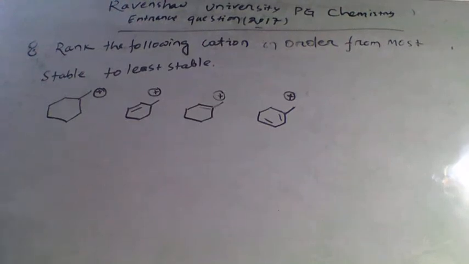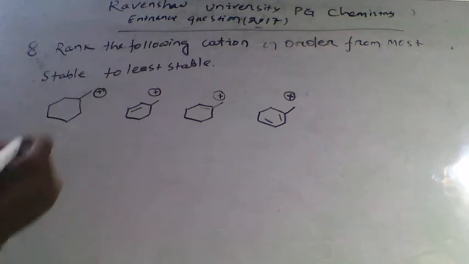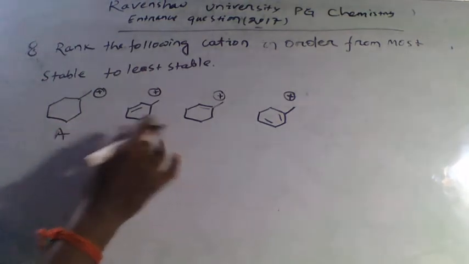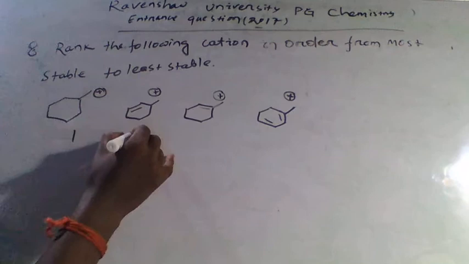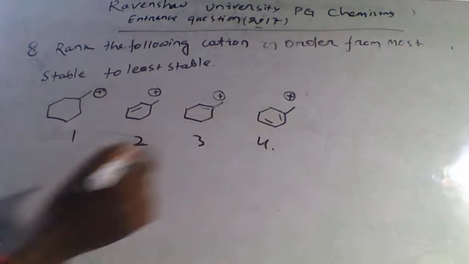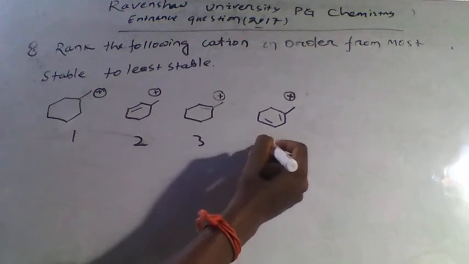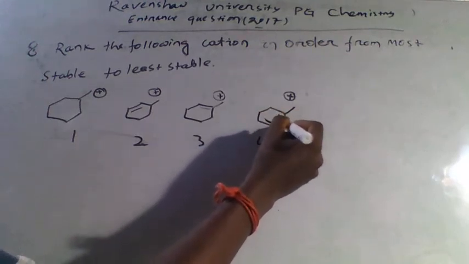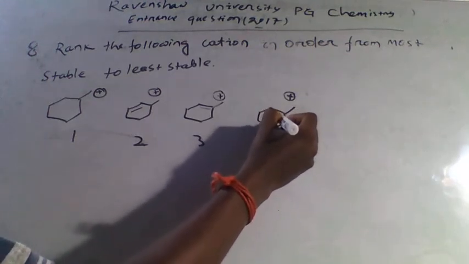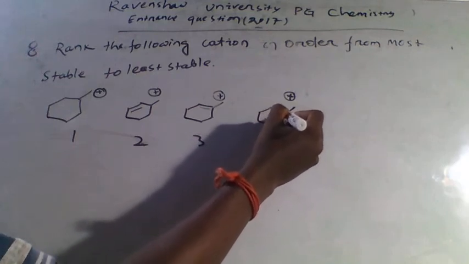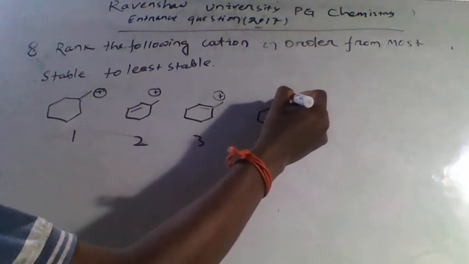Another question is from carbocation stability. You are seeing here this is A, B, or this is 1, 2, 3, 4. In the fourth molecule it has 2 pi bonds, and these 2 pi bonds are already conjugated to this carbocation.